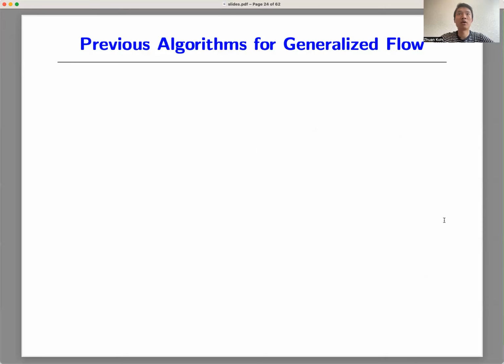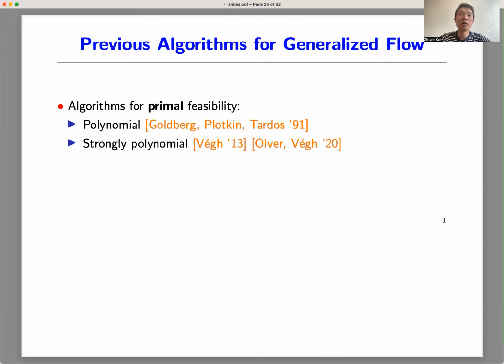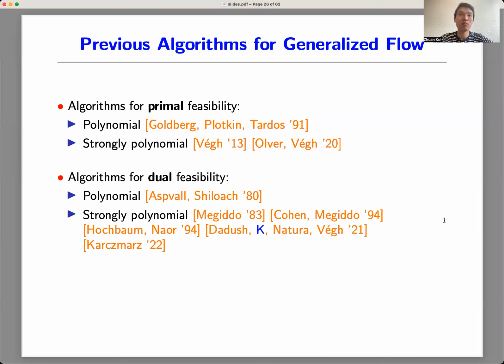So what is known about algorithms for solving the generalized flow problem? Polynomial and strongly polynomial algorithms were given for the primal feasibility problem. So this is the problem without cost. We are just interested in computing a feasible generalized flow, satisfying the node demands at every node. Polynomial and strongly polynomial algorithms were also known for the dual feasibility problem.